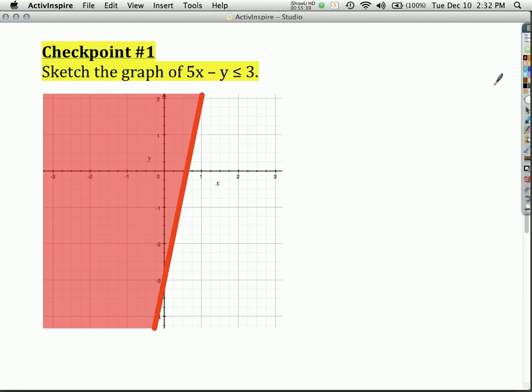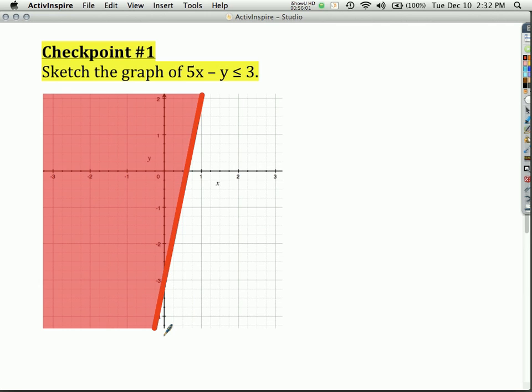So, first of all, let's just look at the line itself. Give me a thumbs up if you have the same line that I have. Okay, put your thumbs down. So that was a decent portion of you, but definitely not enough. But we'll talk about that in a moment.